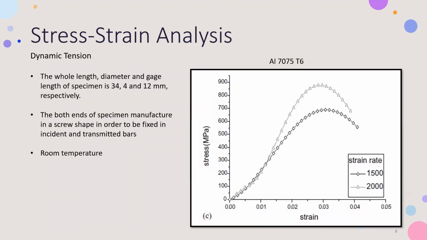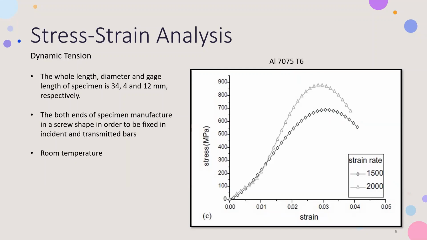Next we have the dynamic tension for this aluminum alloy. The whole length, diameter, and the gauge length of the specimen are 34, 4, and 12 respectively. Both ends of the specimen were manufactured in a screw shape in order to be fixed in the incident and transmitted bars.